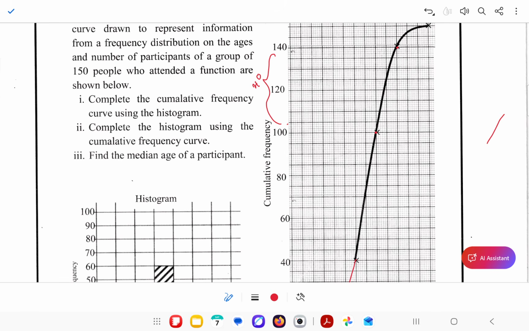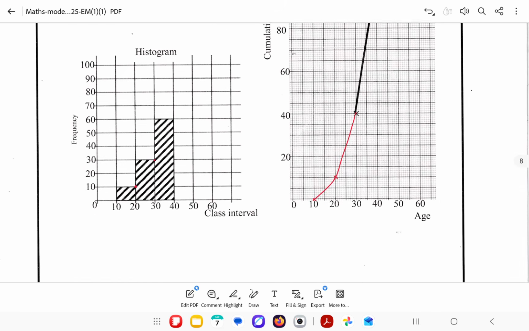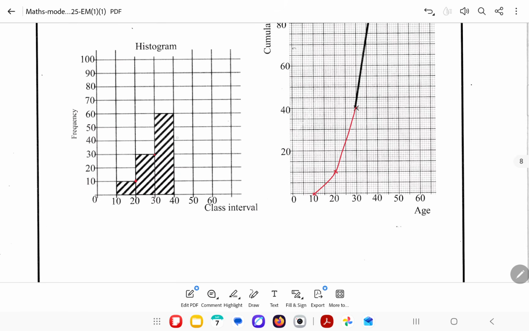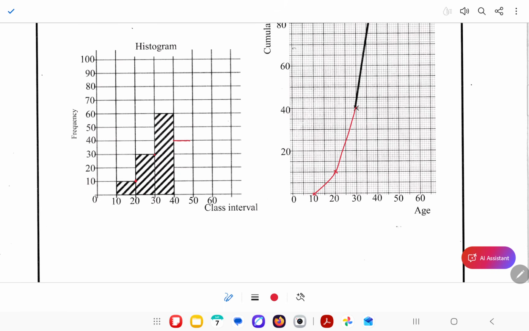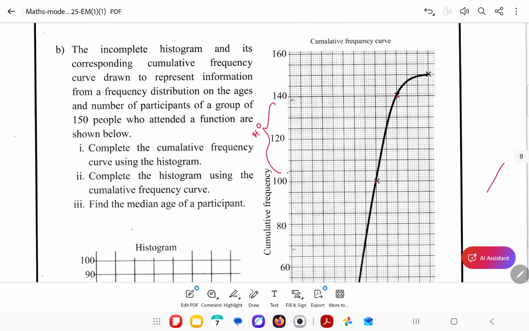So between 40 and 50 you only have 40 people. For the histogram we need the frequency, not the cumulative frequency, so the difference between these two points, 140 and 100. Then for the next interval, again the difference is 10.